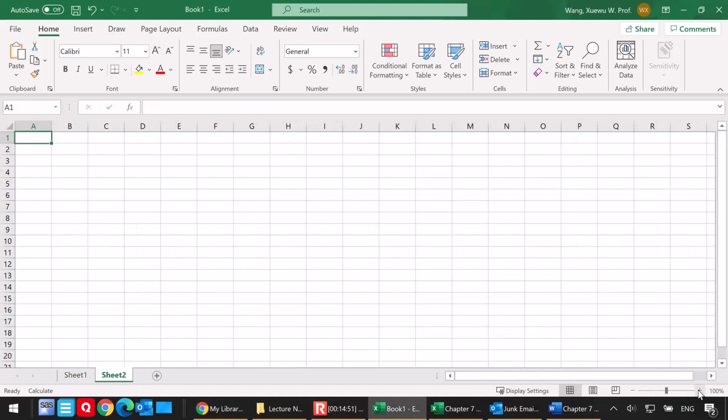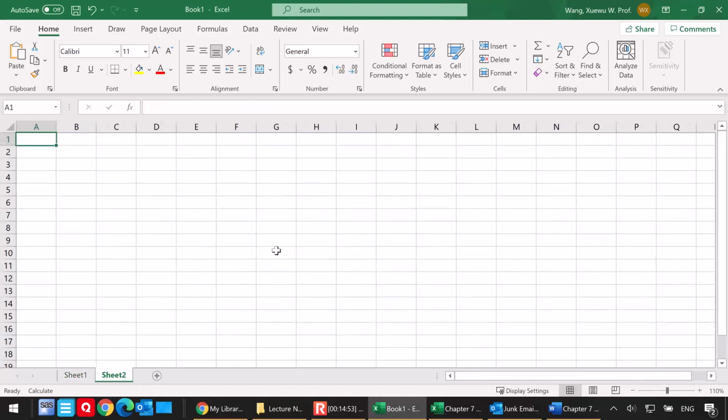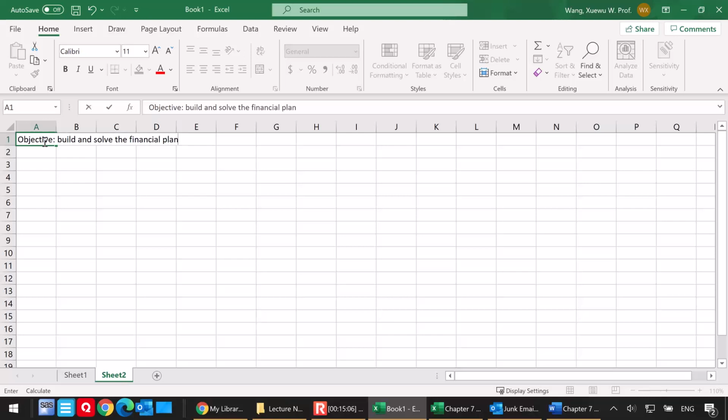This way it's easier for me to keep things on track. So you can follow me if you want. The objective is to build and solve the financial planning model.